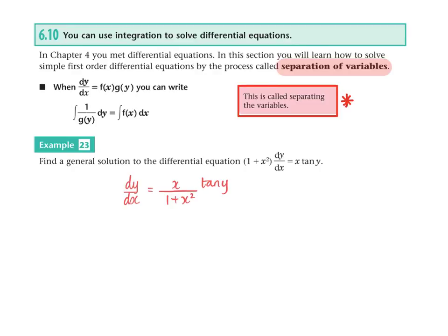So I want to take the x's, leave them on the right hand side, and take the y onto the other side if we can. So just rearranging now, and we introduce the integral signs as well. So we've got the integral of 1 over tan y dy, so we'll leave the y's on the left hand side, and on the right hand side we've got x over 1 plus x squared, and dx.